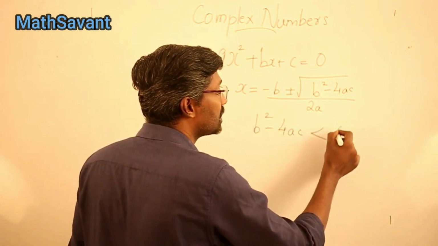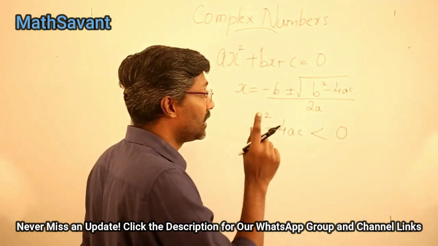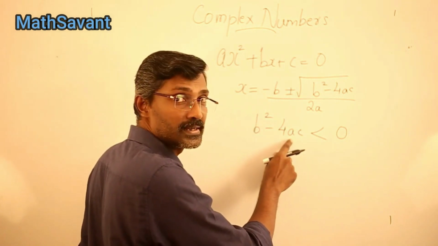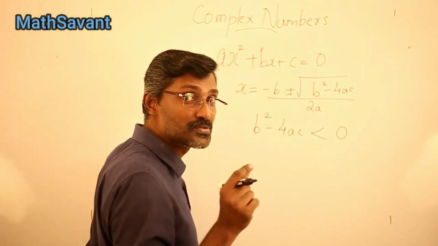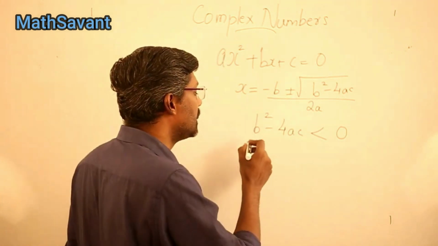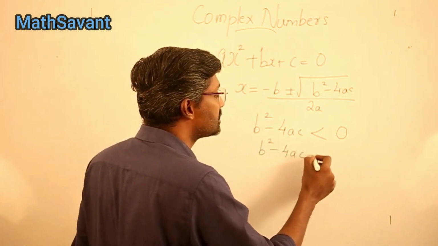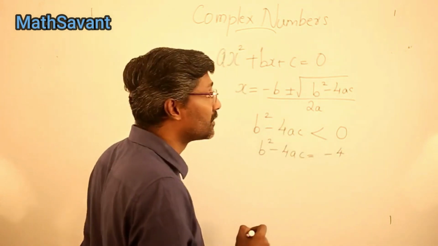That is the most interesting part because we are learning the chapter complex numbers. And if b square minus 4ac is less than 0, that means it is negative, then we have square root of a negative number, and that's when you get root of minus 1. For example, if b square minus 4ac you get as say minus 4, what will happen?